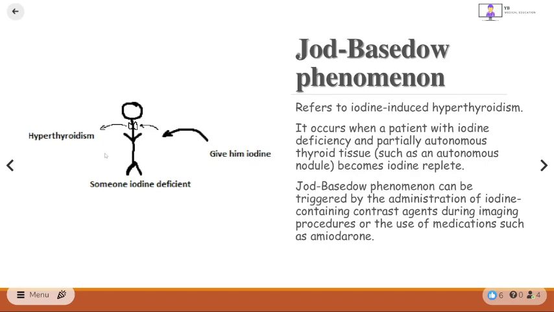This could lead to hyperthyroidism, and this is called the Jod-Basedow phenomenon. It's the phenomenon that when you give iodine to a patient that's iodine depleted, or who has thyroid tissue that's rogue, it takes that iodine and leads to hyperthyroidism. Because the normal thyroid gland, when it takes excess iodine, will shut down thyroid synthesis, not lead to hyperthyroidism.